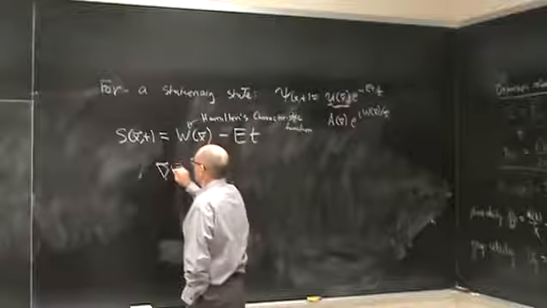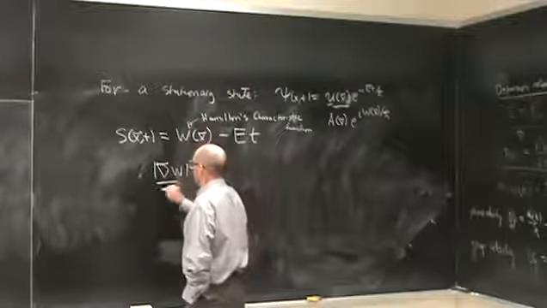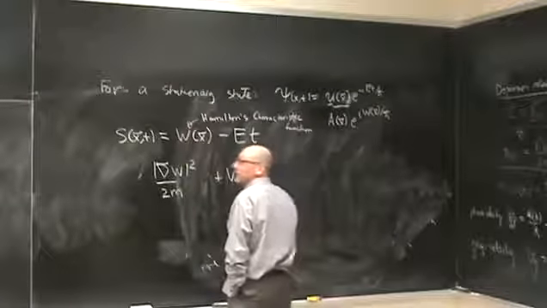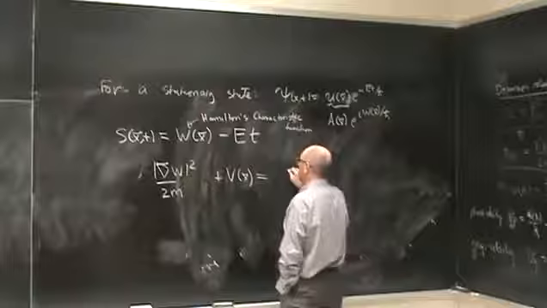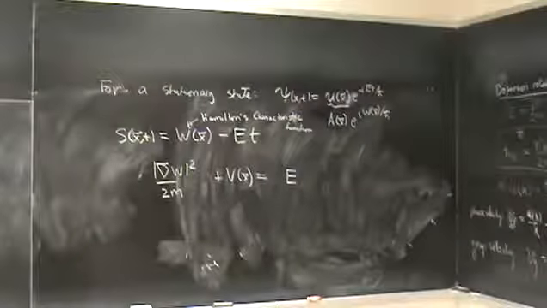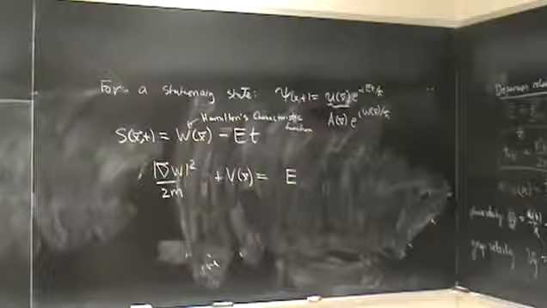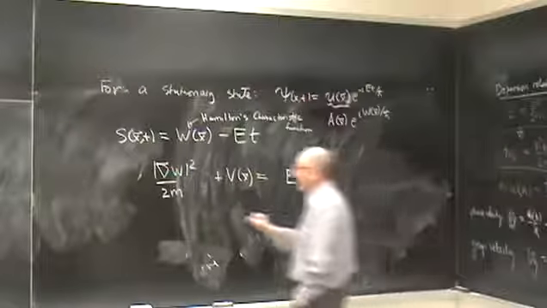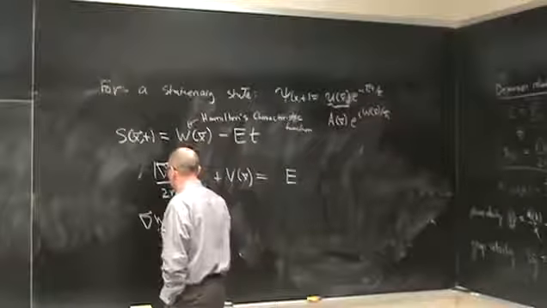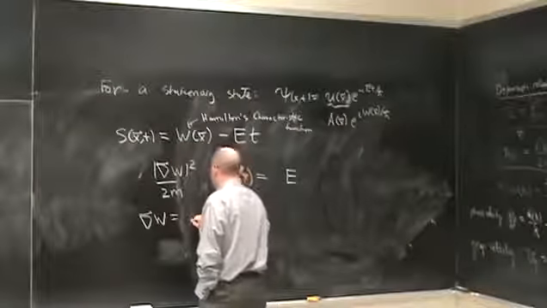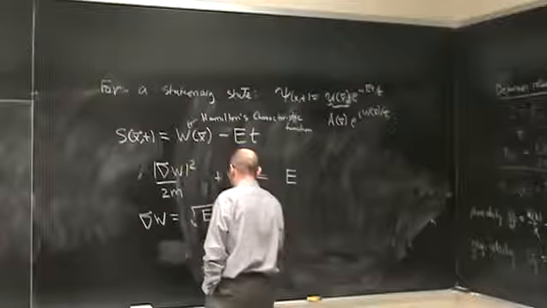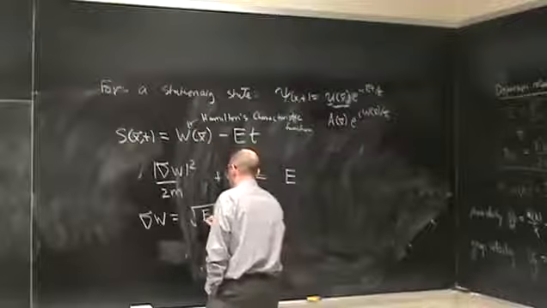The gradient of W squared plus V of x is equal to E. That's to say that the gradient of W is the square root of 2m times the energy minus the potential energy.